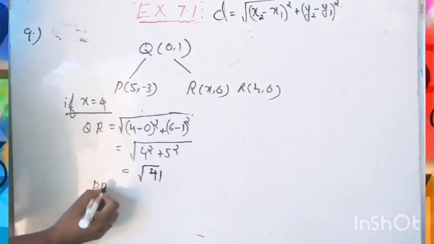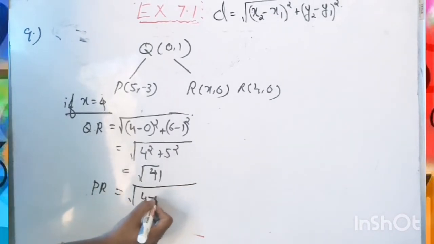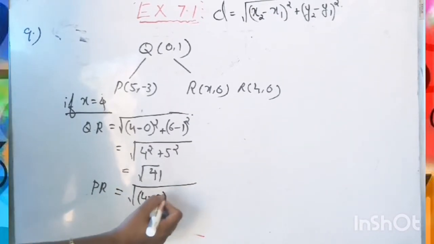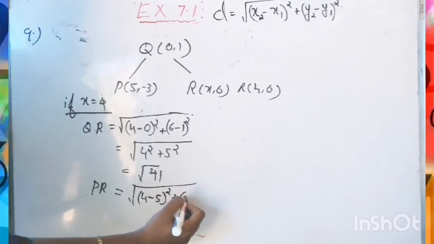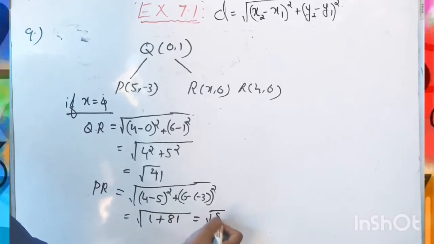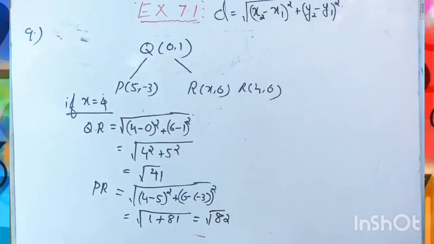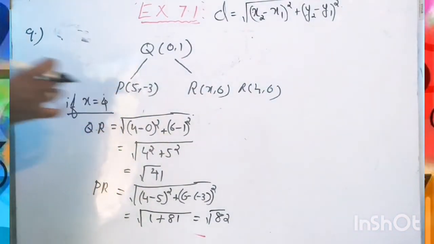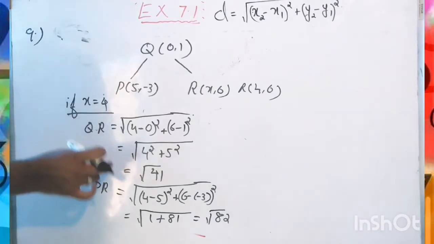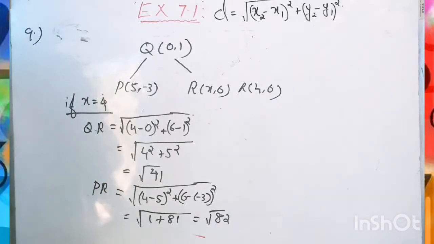Now PR is equal to square root of (x coordinate of R minus x coordinate of P) all square plus (y coordinate of R minus y coordinate of P) all square, which is square root of 1 plus 81, equal to square root 82. So if x is equal to 4, we got the value of QR as square root 41 and PR is equal to square root 82.